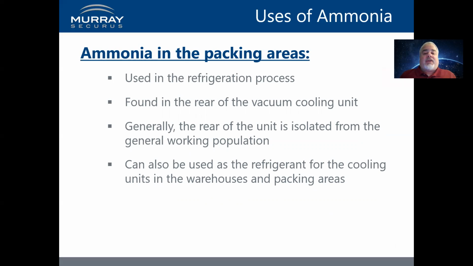Ammonia in the packing areas, it's used in the refrigeration process, found in the rear of the vacuum cooling units. Generally, the rear of the unit is isolated from the general working population. So you try to keep the bulk of the ammonia away from the areas where people are generally performing their work.